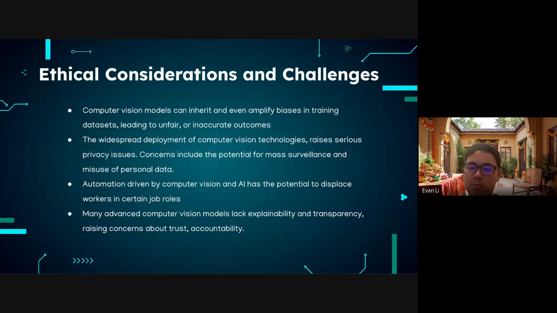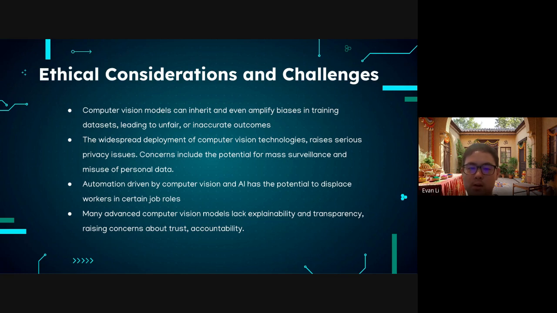As we embrace the immense potential of AI in computer vision, it is imperative that we confront the significant ethical considerations and challenges that accompany this powerful technology. One of the pressing concerns is dataset bias. AI models, including computer vision models, are fundamentally shaped by the data they are trained on. If these training datasets reflect existing societal biases, the models will inevitably inherit and, alarmingly often, amplify these biases.